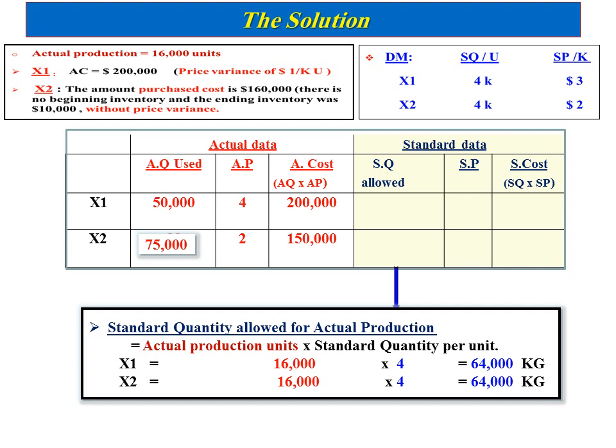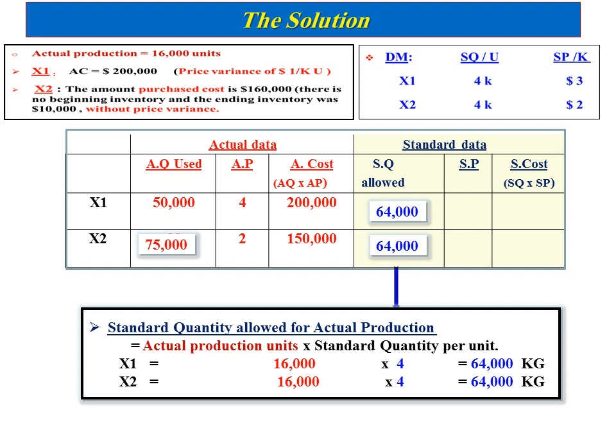So the standard quantity for X1 will equal 64. And because the standard quantity is the same for X1 and X2, both of them will also equal 64. This is after calculating.